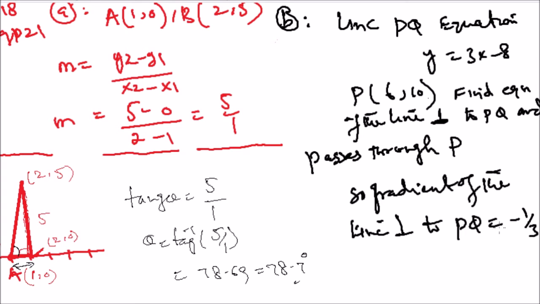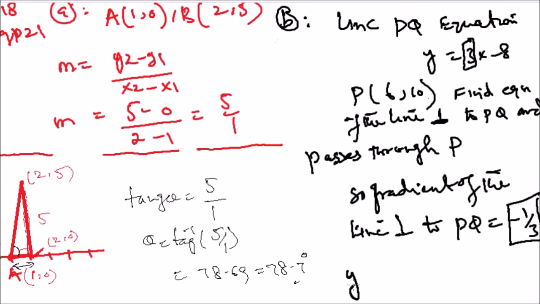This we know very clearly. We know that if two lines are perpendicular, the product of their gradients should be minus 1. So if you take one gradient 3, then the other gradient will be the reciprocal of that 3 but with the opposite sign. So when you multiply these two gradients, you of course get minus 1.